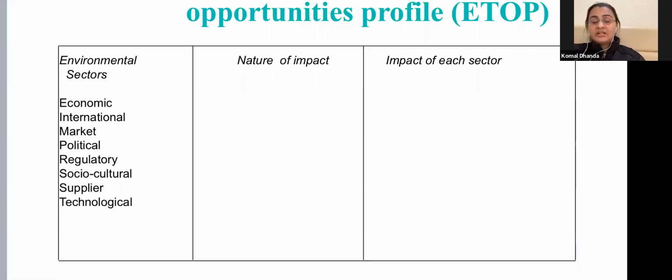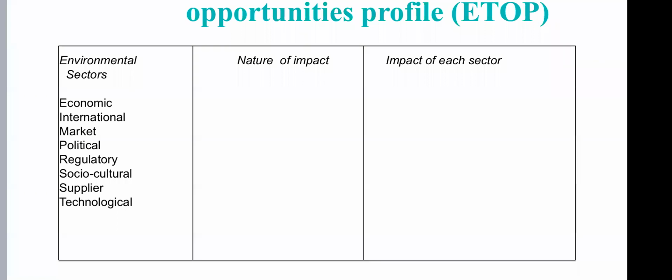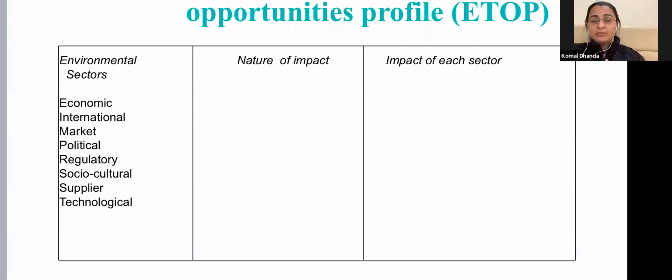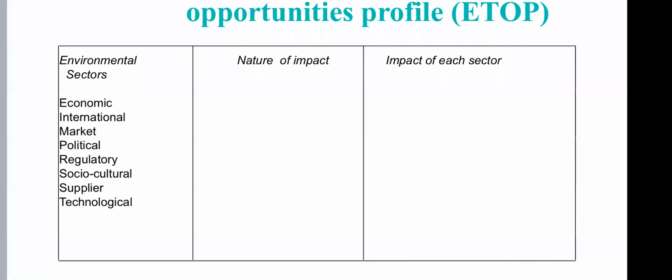In case it has a direct impact, will it have a very large or very intense impact, or just a very light impact, only touching the surface? So that is the nature of impact.